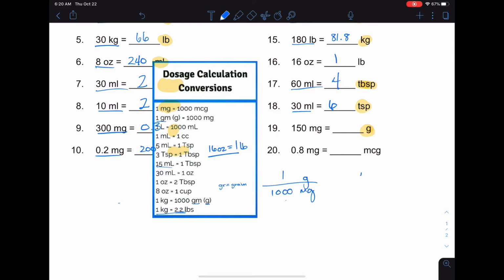We're going to get milligrams up top so that that'll cancel out. So at this point we can pull in the number from our problem. Those will cancel out. So 150 divided by 1,000 equals 0.15.